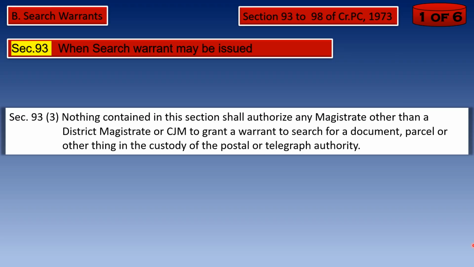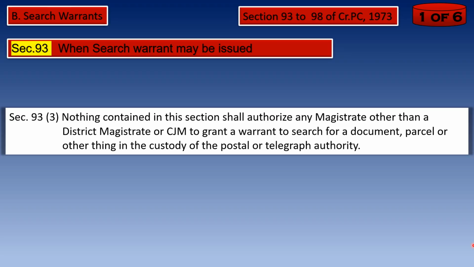Further, there cannot be a general fishing inquiry. Section 93 has no application in non criminal matters. This is a very important point. I'm repeating again. Section 93 has no application in non criminal matters.